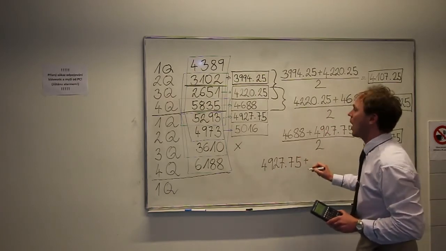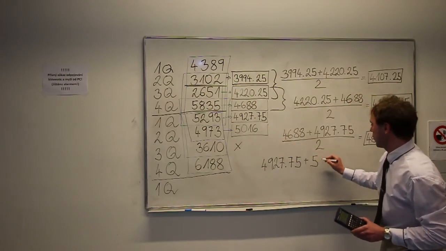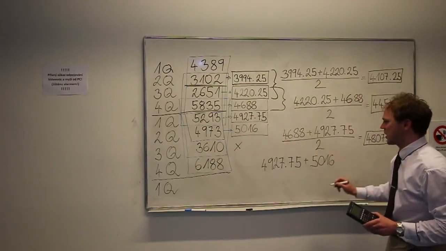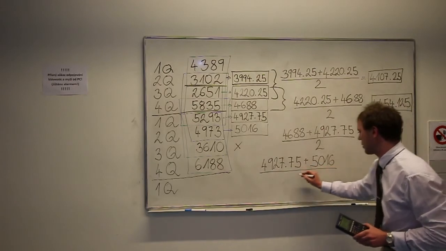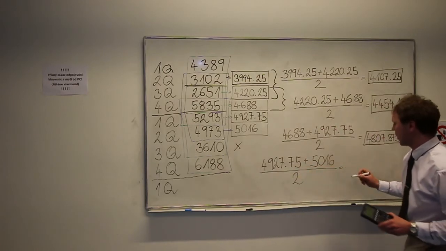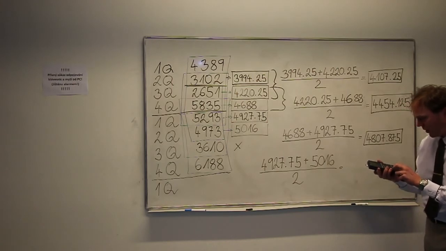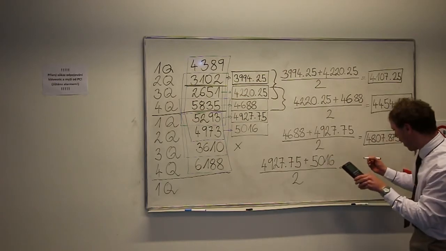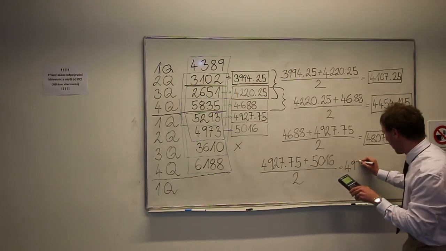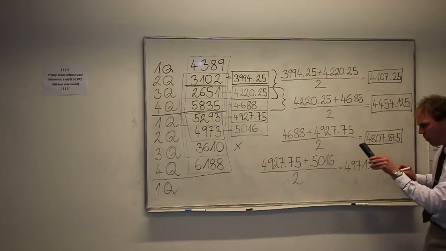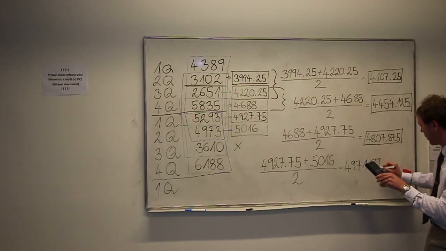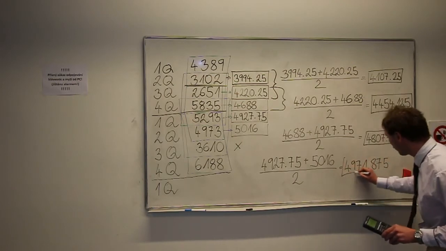4,927.75 plus 5,016 divided by 2 is equal to 4,971.875.